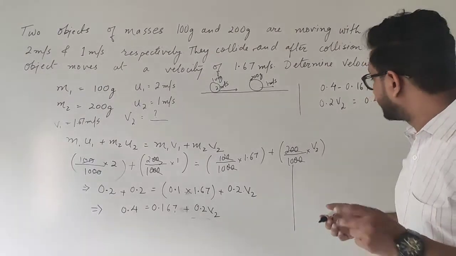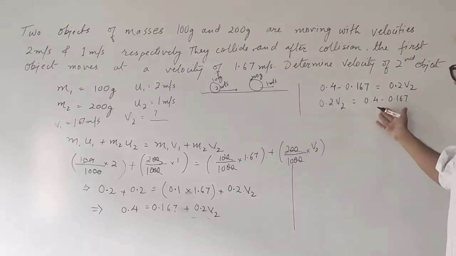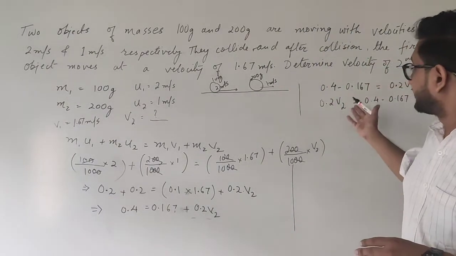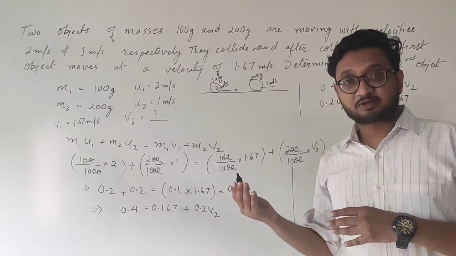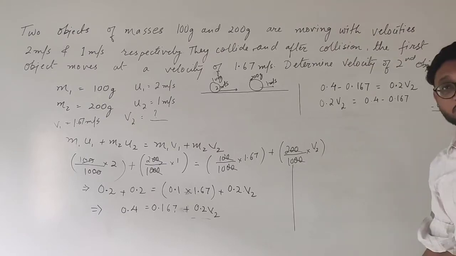Now simple subtraction: 0.4 and 0.167 both have decimal places, and therefore I can add as many zeros as I want on the right hand side of the decimal. That is why for 0.4 I can add 3 zeros, 1, 2 and 3, minus 0.167 like this, and you can solve it further.